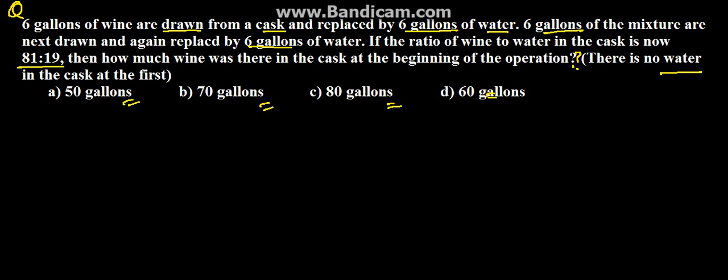So we need to begin with the solution. In the solution we can say that let X be the original amount of wine in the cask.